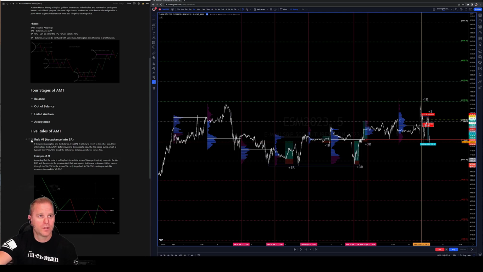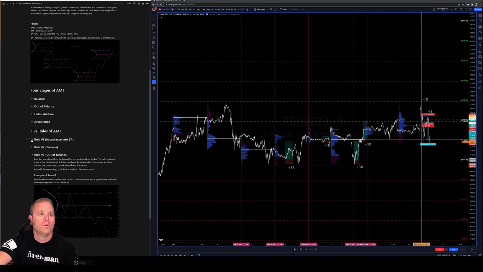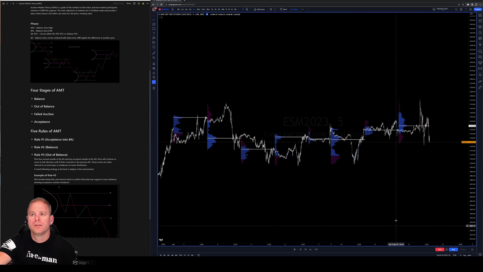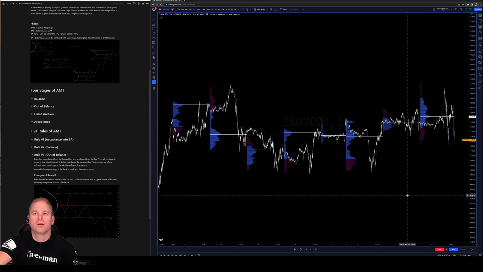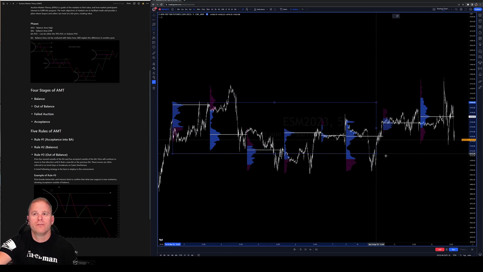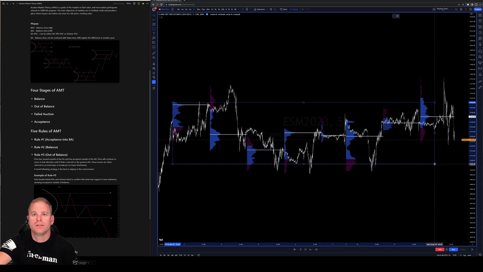The auction market theory process gives you the definitions on how to encompass all of this, and the context to what you're looking for. So right now we have this balance area that we're stuck in. Actually, it moved up with that move.